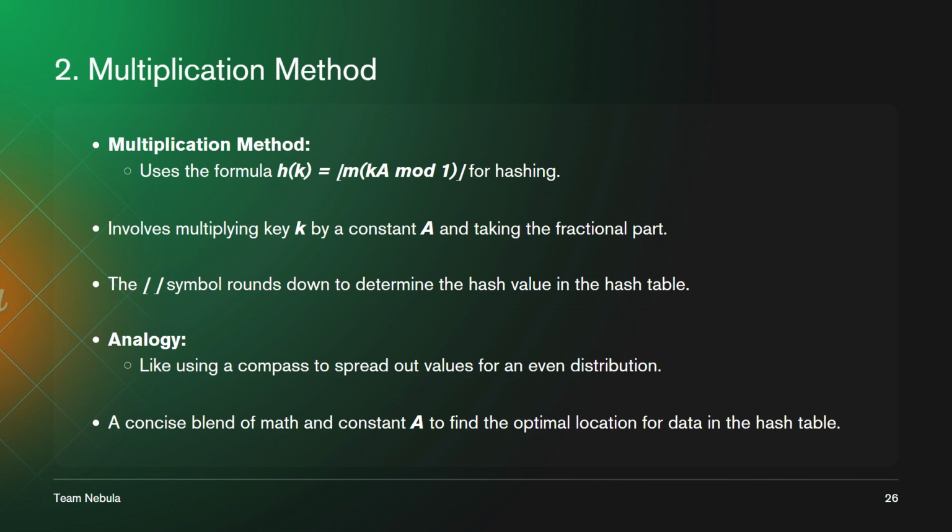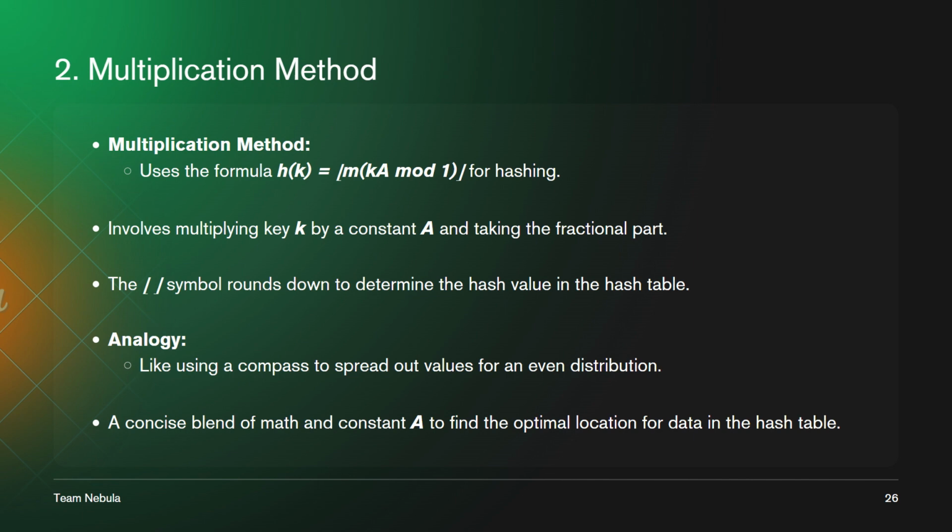So, putting it all together, the formula is saying take the fractional part of k times A, multiply it by m, which is the size of our hash table, and then round it down to the nearest whole number. This gives us the perfect spot for our data in the hash table. So why does this work? Well, it's a bit like doing a spin with a compass to find your way.